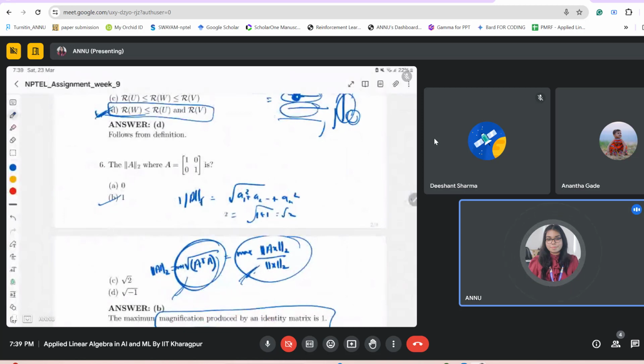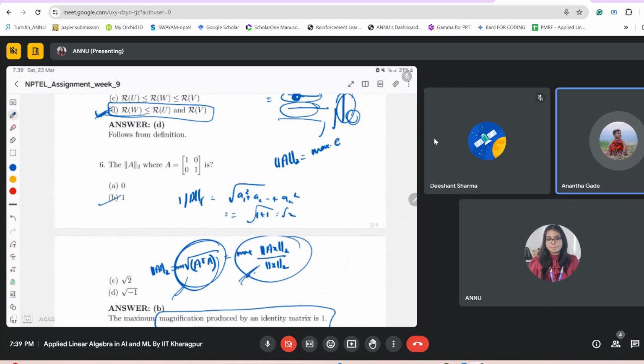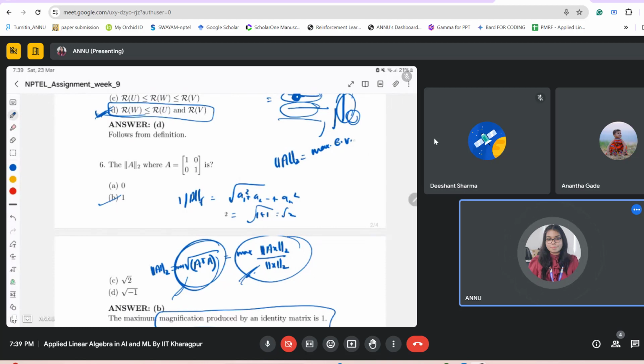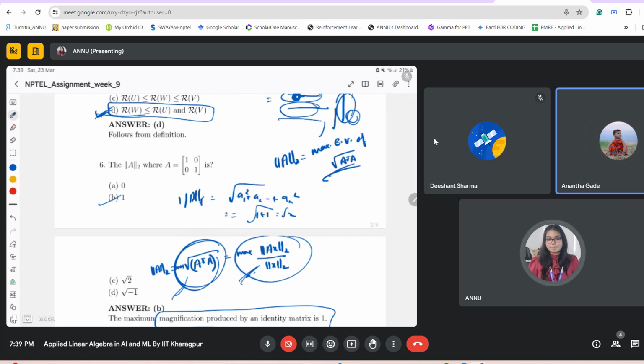So the 2 norm of any matrix is given by the maximum, I think there might be a summation. You can relate it like this: maximum eigenvalue of root over A transpose A. I don't remember much, but we can just think about how it is.